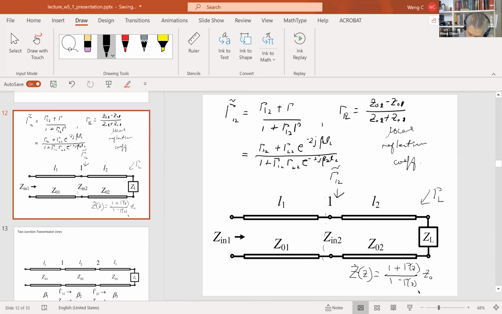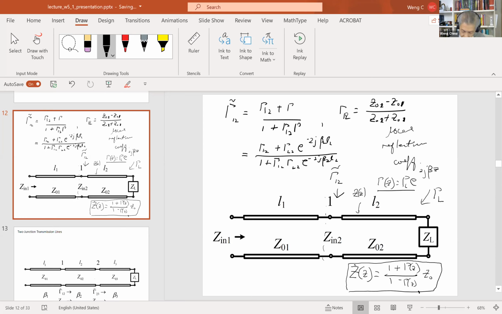So if you know gamma L at this end, then you can find gamma z, which is given by this formula over here, with e to the minus 2j beta z. With this formula, you can find the impedance z at any point on this transmission line.